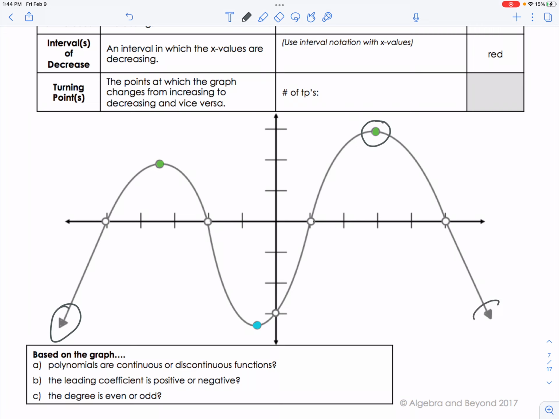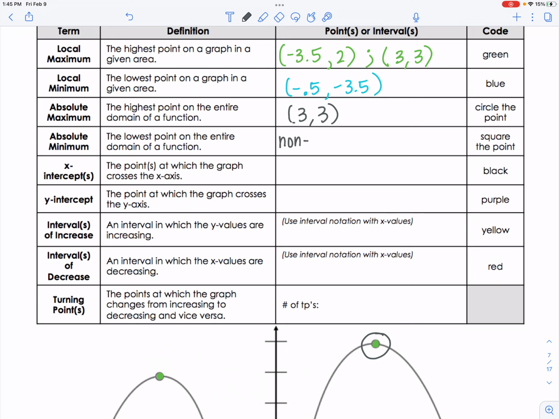We have end behaviors here. There is nothing to compare that point to. So we just call that a local minimum. So here, there are none. There is no absolute minimum.